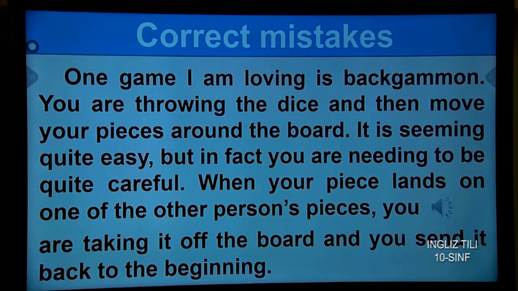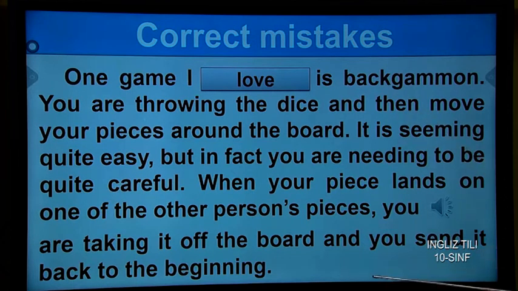Are you ready? Again, you have 20 seconds. Try to do it. Write just the mistakes. Try to correct them. Not all the text, of course.